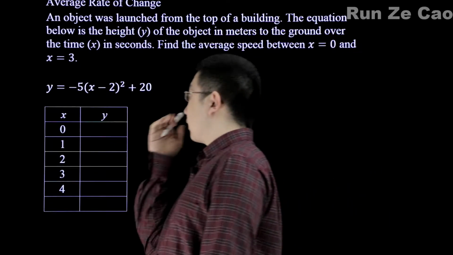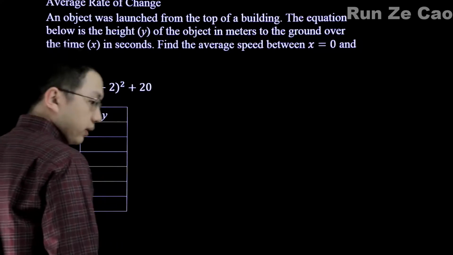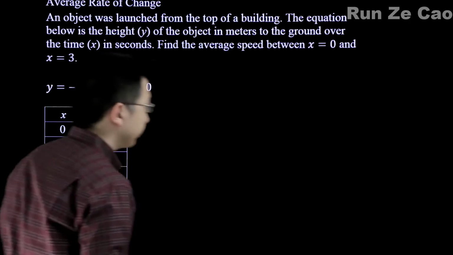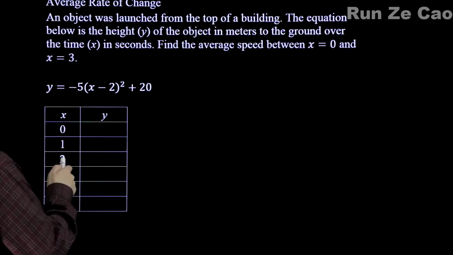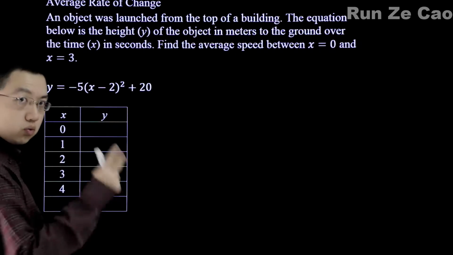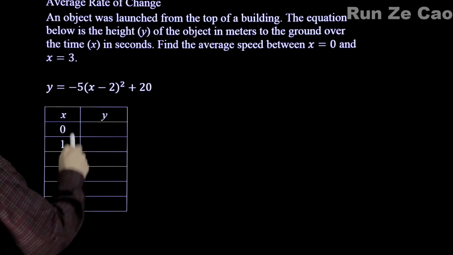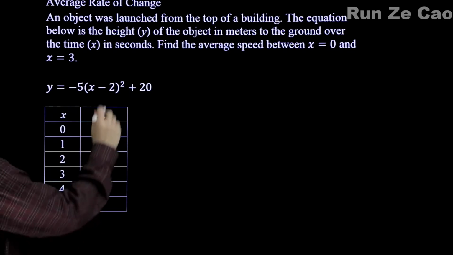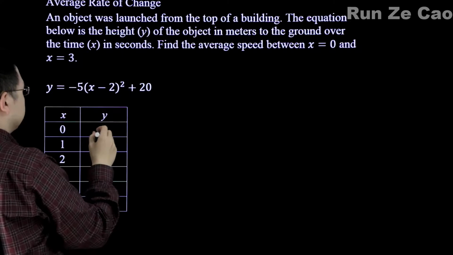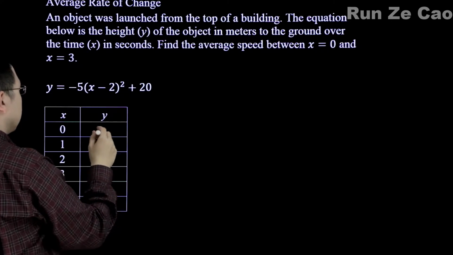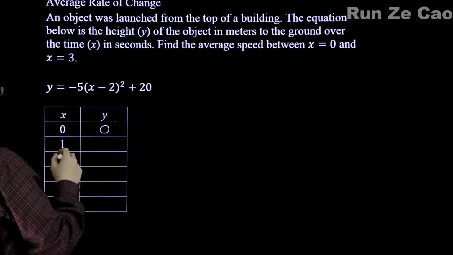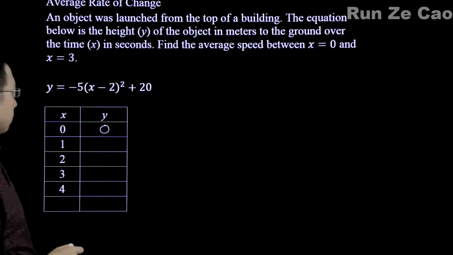So, at x equals 0, what do we have? Well, x minus 2 is going to be negative 2, and squared, 4, minus 5 times 4 is negative 20, and plus 20 is 0. So what about x equals 1?